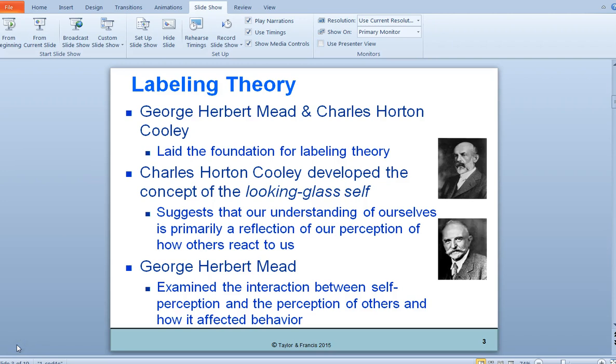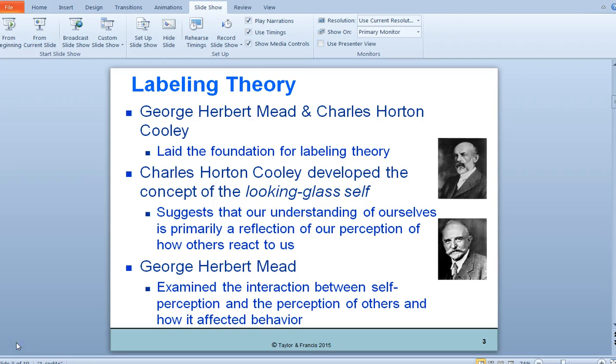Charles Horton Cooley and George Herbert Mead laid the foundation for labeling theory, as well as later theorist Herbert Blumer. They emphasized that the understanding of ourselves is communicated in face-to-face interaction through language, verbal utterances, and gestures, and the interplay of this interaction with an individual's self-identity and how others react to us.